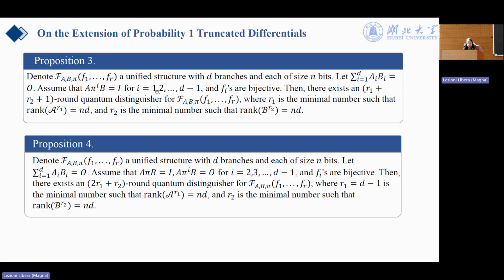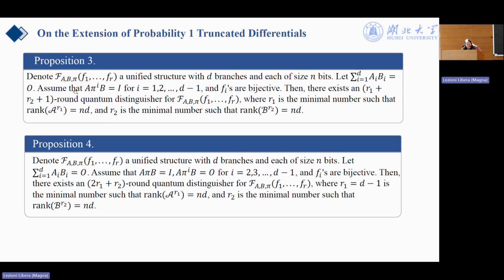For I equals 1, 2, etc., in this case, we can extend it, and R1 plus R2 plus 1 round distinguishers can be constructed.